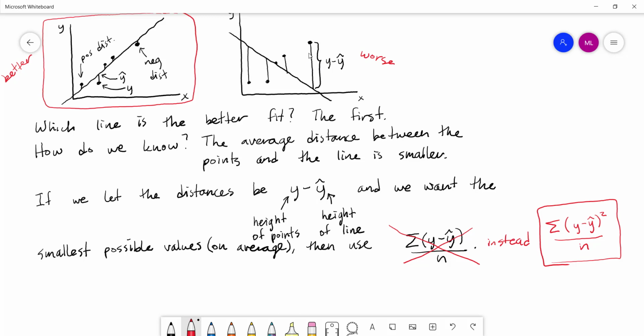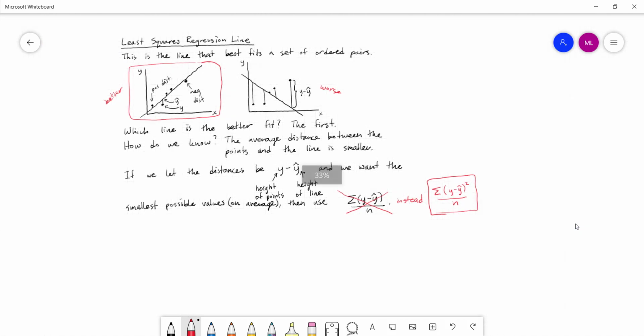If I square this distance, it'll be positive. If I square this distance, which starts off negative, it will also be positive. And as long as I minimize this, we'll have the best possible line. So that is the idea. We want to minimize this.